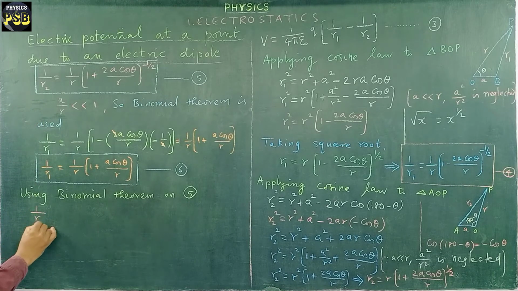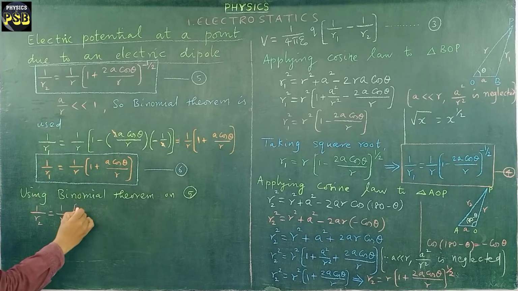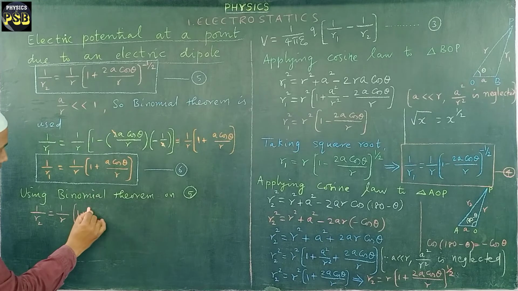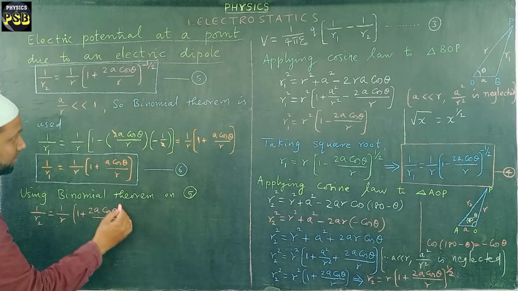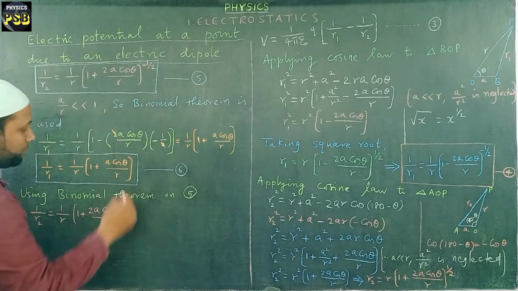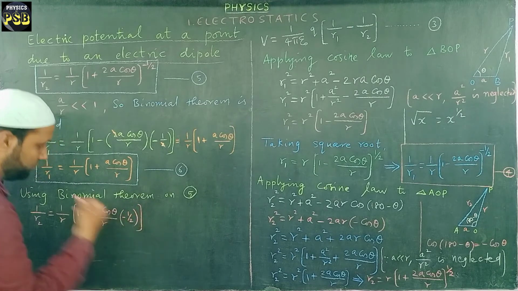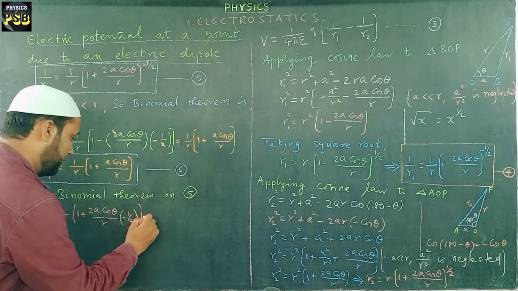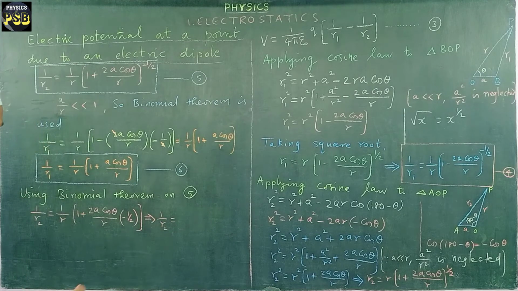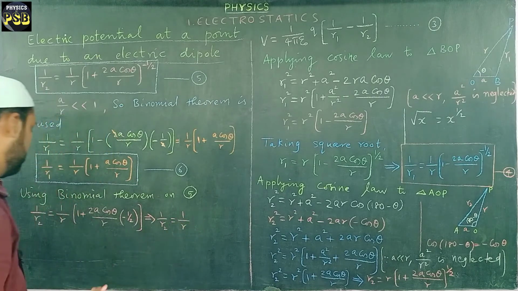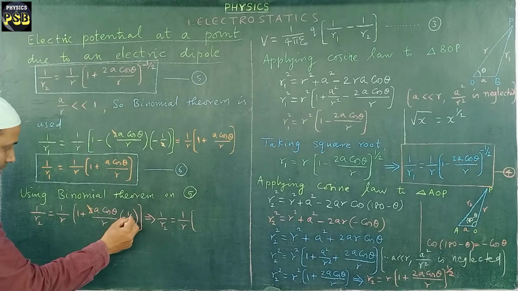So what I get is 1 upon R2 is equal to 1 upon R, then 1 plus 2a cos theta upon R, multiplied with the power minus half. Okay. If I multiply this, what do I get? I get 1 upon R2 is equal to 1 upon R. So here 2 and 2 get cancelled.